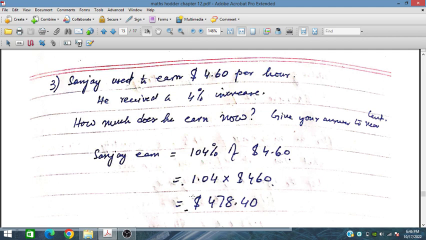So the new Sanjay earning is 478.40, so it should be divided by 100. So the new earning rate is $4.78.